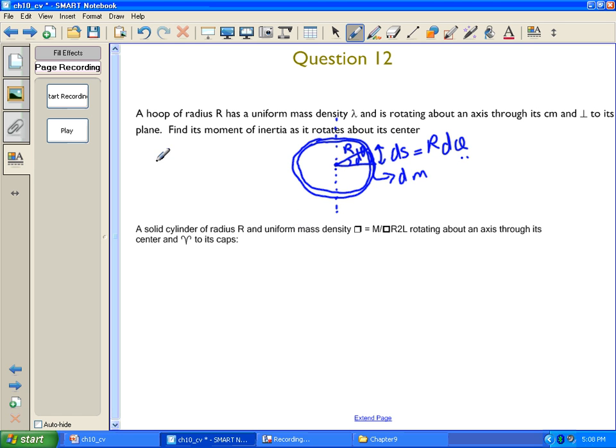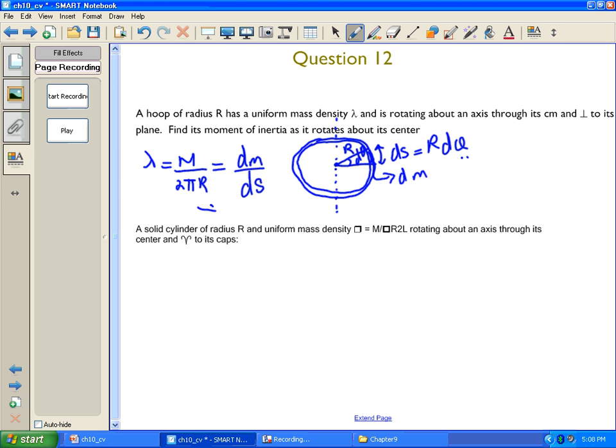Well, as always, in this case, one dimension, lambda is total mass over total length. What's the length of a circle? The perimeter, which is 2 pi r. But that should also equal dm over ds. In other words, a little element of mass dm over the little length of the arc that it describes.